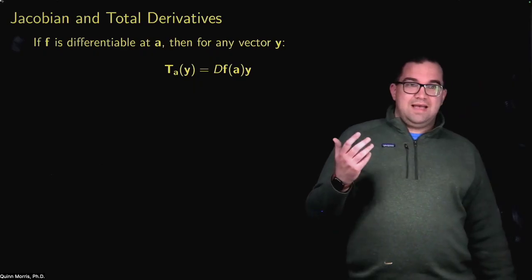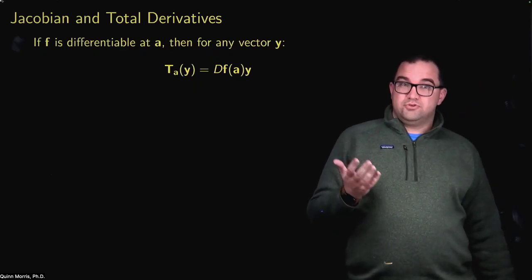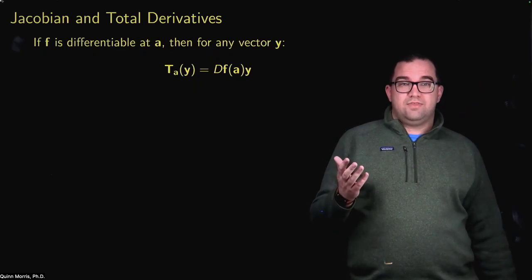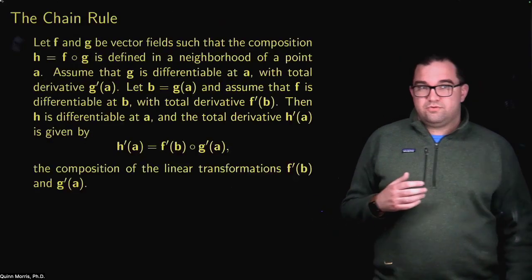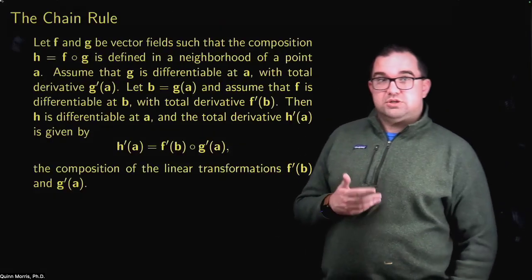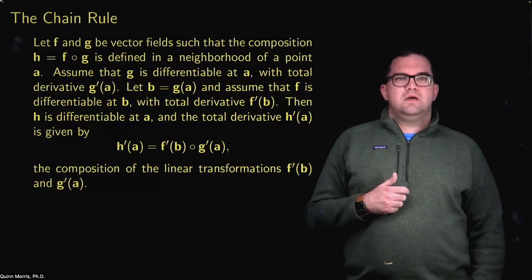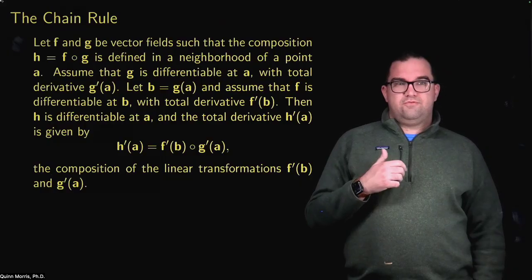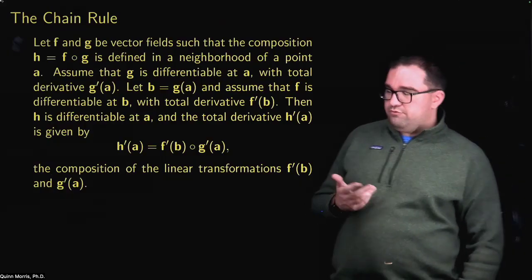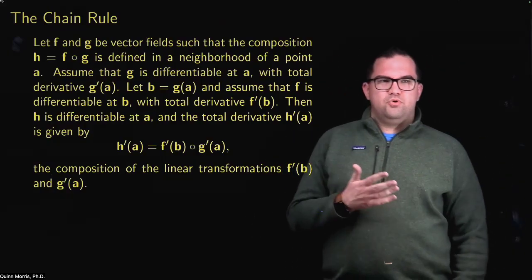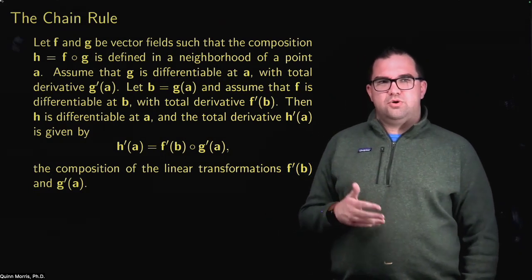Now, this has some other nice features, okay? And what I want to close with is looking at what the chain rule looks like. We didn't talk about the chain rule for scalar functions. We'll talk about it here for scalar fields. We'll talk about it here for vector fields. We're not going to prove it, but I just want to think through what's going on here.